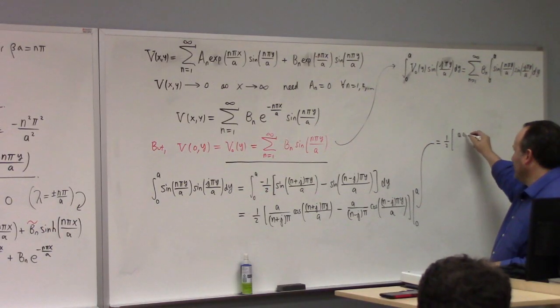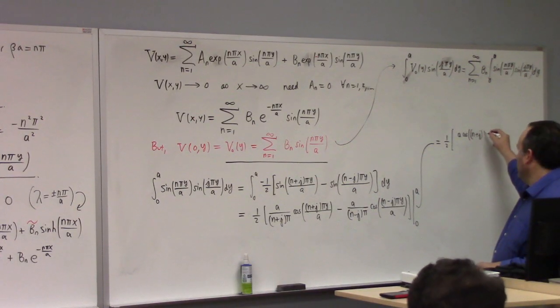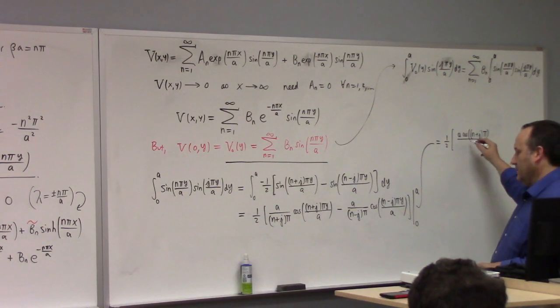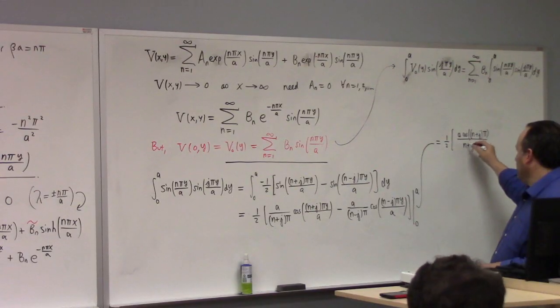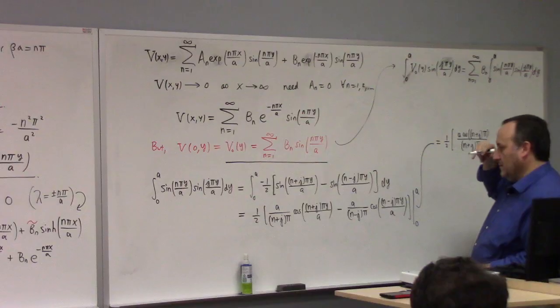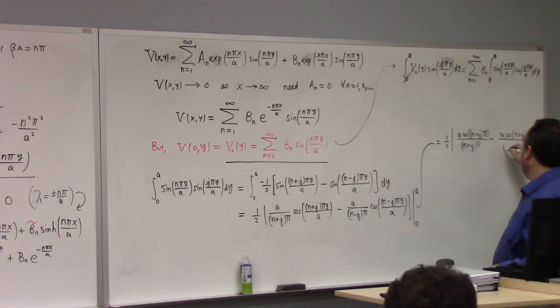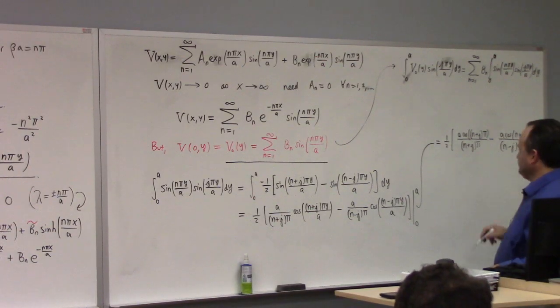I have 1/2, a times the cosine of n plus j pi over n plus j pi, minus a times the cosine of n minus j pi over n minus j pi.